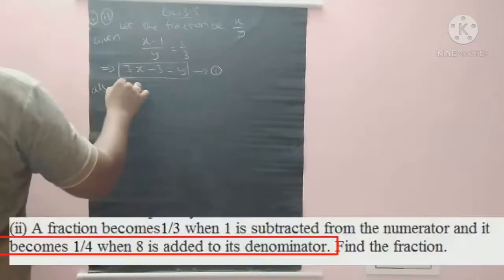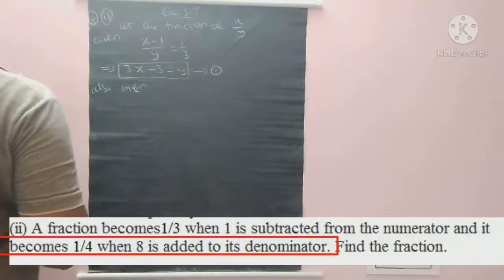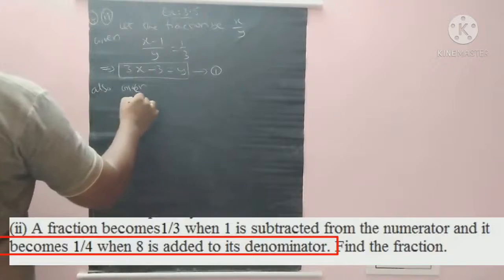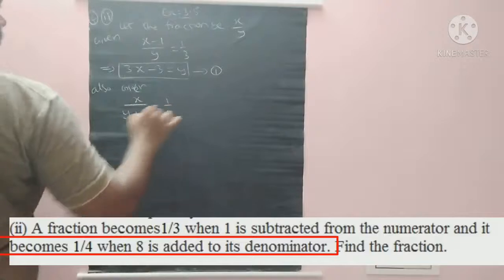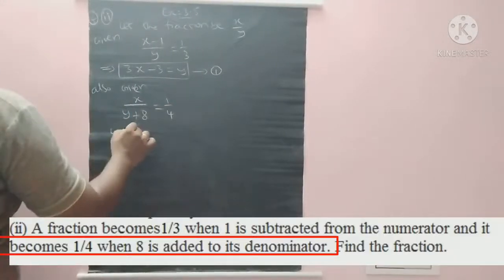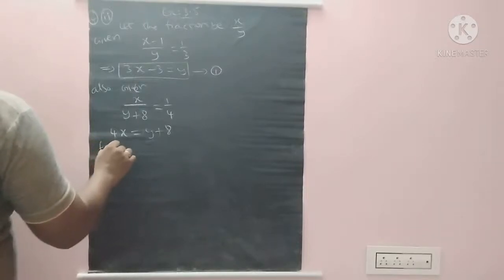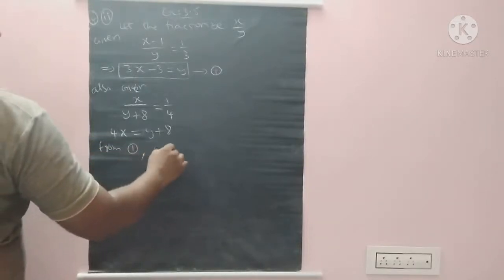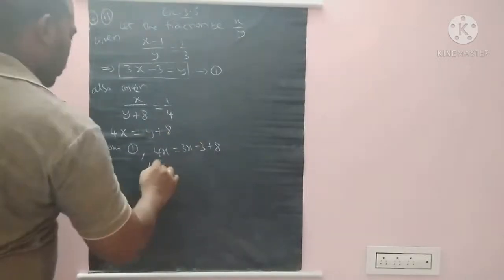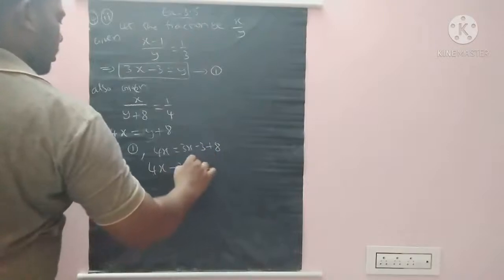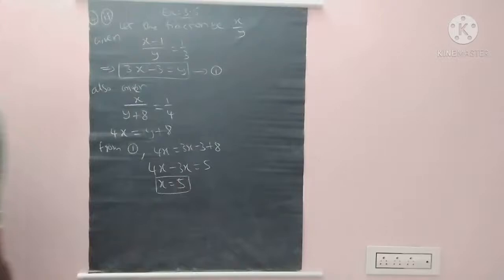Also given, if 8 is added to the denominator, x by y plus 8, then it becomes 1 by 4. So 4x equals y plus 8. From 1 we can write 4x equals 3x minus 3 plus 8. 4x minus 3x equals 5. So x equals 5.